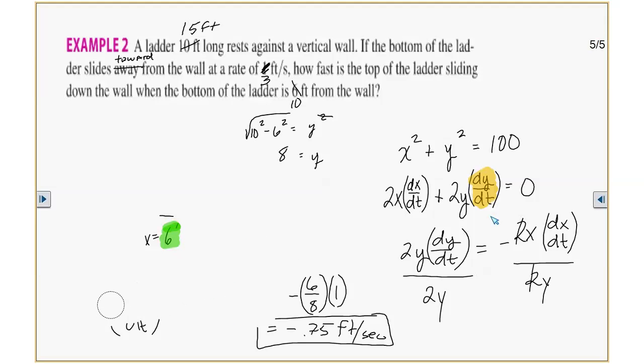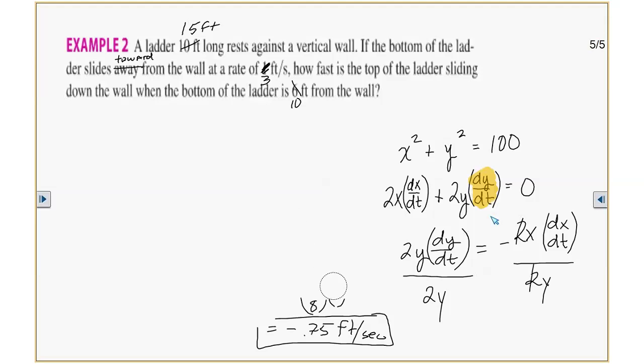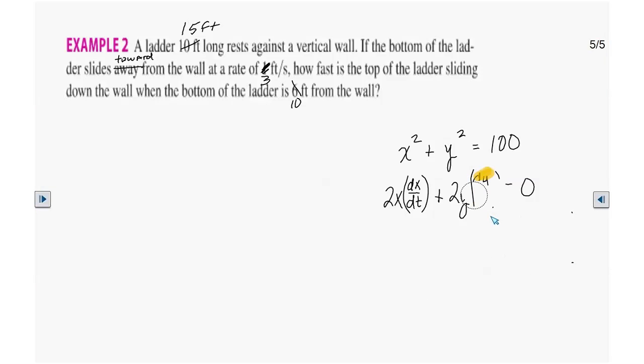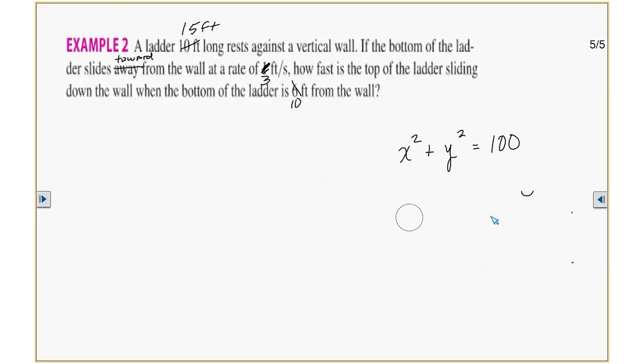Label everything. What is given, dx/dt. X, y, if you want to go ahead and find y, go ahead and find y first. You're going to be using the Pythagorean theorem.